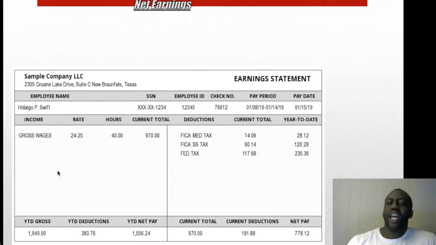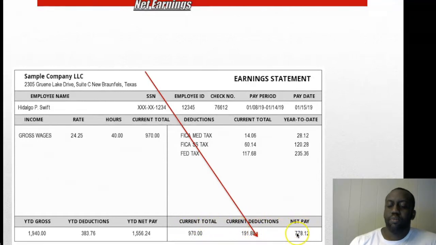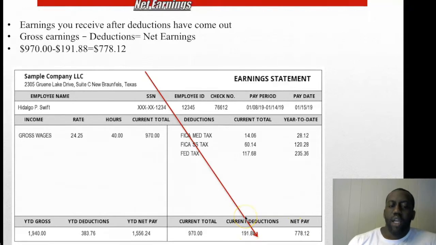Okay, let's look at net earnings on this pay stub. We can see that the net earnings section is right down here. So for this person, they earned $970 and they paid a total deduction amount of $191.88, which was all taxes in this case.